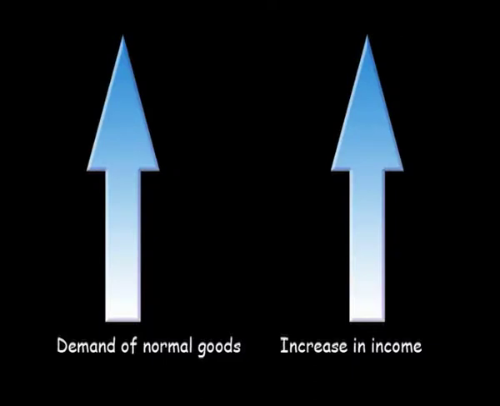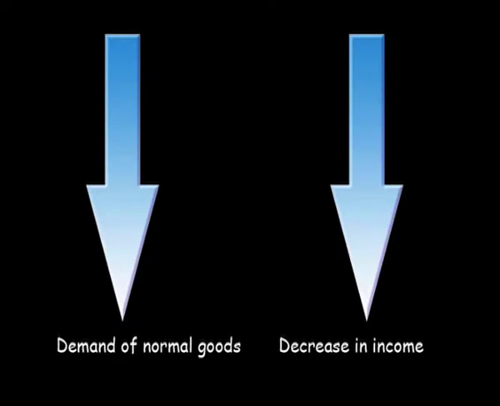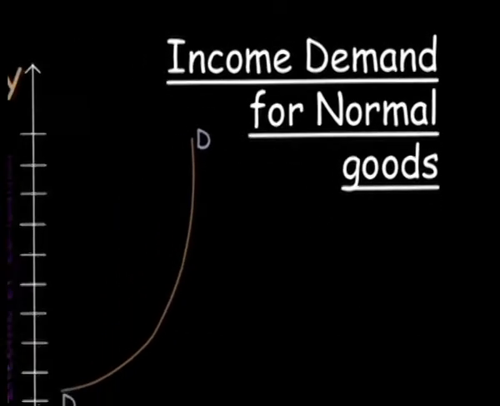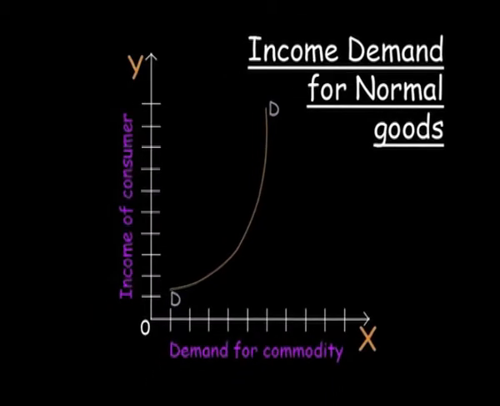The demand for normal goods increases with the increase in income and decreases with the decrease in income. The income demand curve, as you see in the graph, has a positive slope, that is, the income demand curve is an upward sloping curve.